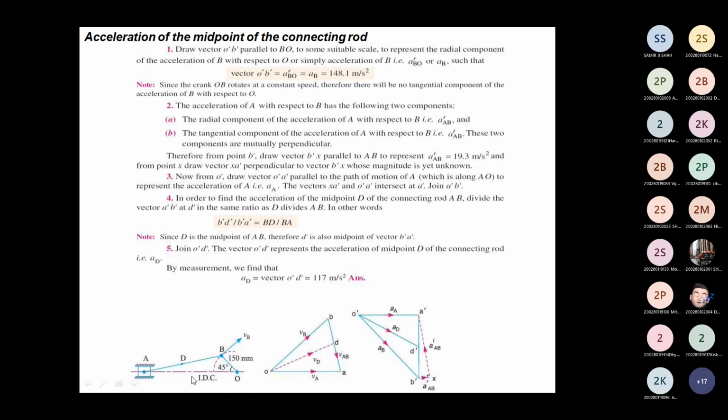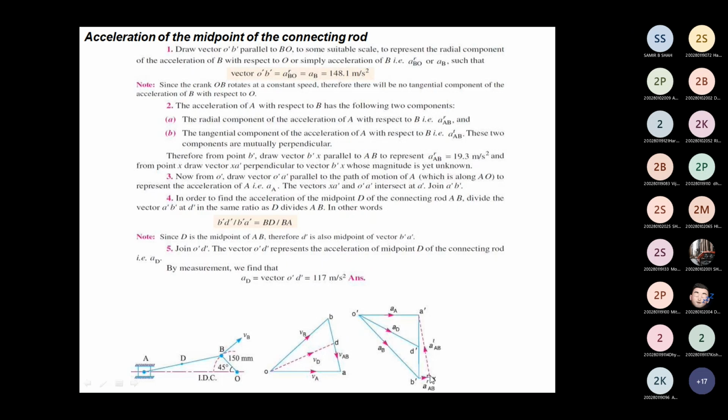From O dash, just draw the parallel horizontal line which may intersect the X A dash line somewhere, which is our A dash. So join B dash with A dash with the full line. It is the acceleration of AB link.